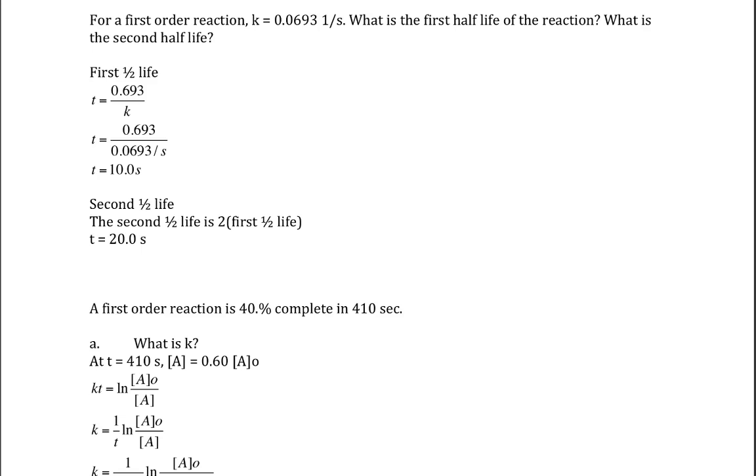We have a first-order reaction, so time equals 0.693 over K. We put in our value of K, 0.0693 1/seconds. So we end up with the half-life to be 10.0 seconds. The second half-life, since we're dealing with a first-order reaction, is simply twice that value, so 20.0 seconds.